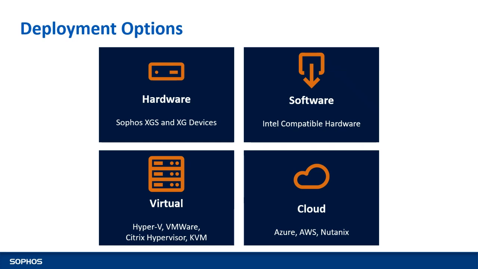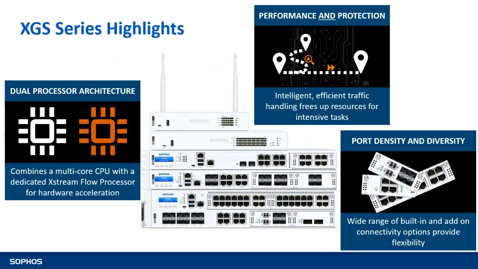Please keep in mind, the XGS series of appliances for Sophos Firewall provides excellent performance and protection. Smart and efficient traffic handling frees up resources for intensive tasks such as TLS inspection, and this is possible with a dual processor architecture, which pairs a multi-core CPU with a dedicated Xstream flow processor for hardware acceleration.